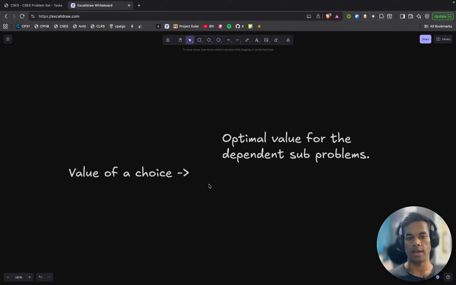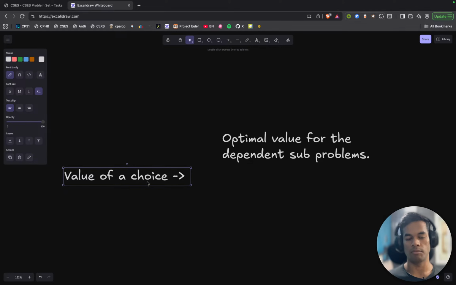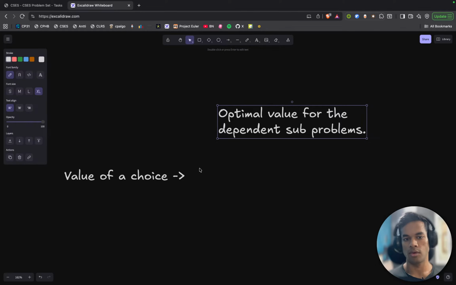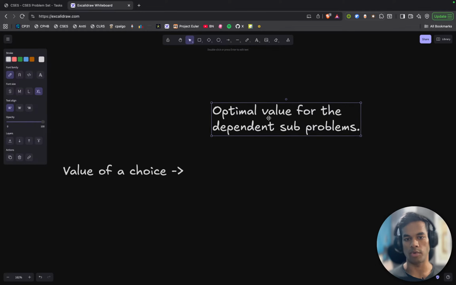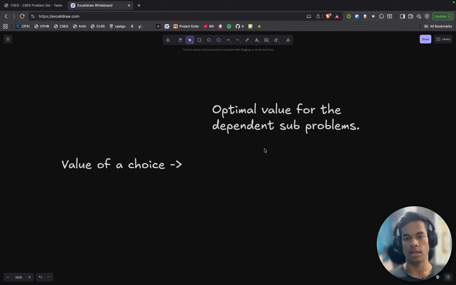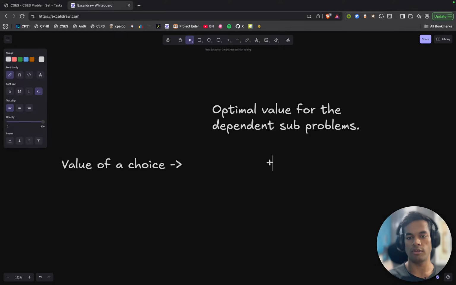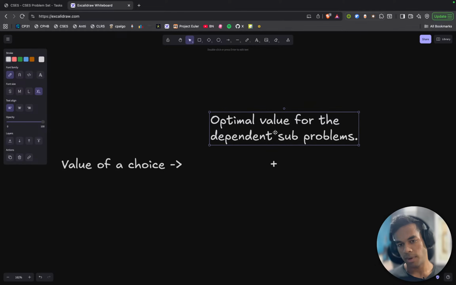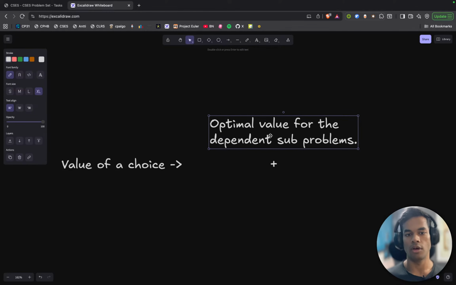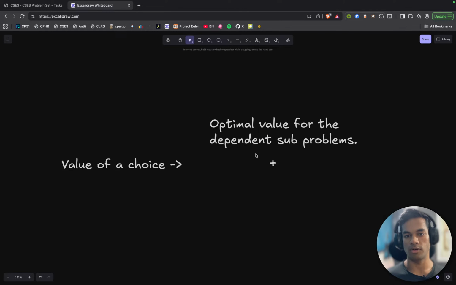As a result of making a choice, your result would depend on a set of subproblems that you would have to solve if you are making that choice. And the value for making this choice would be the sum, or sometimes subtraction. It actually depends on the kind of problem that you're trying to solve.